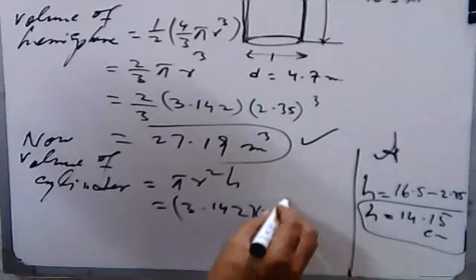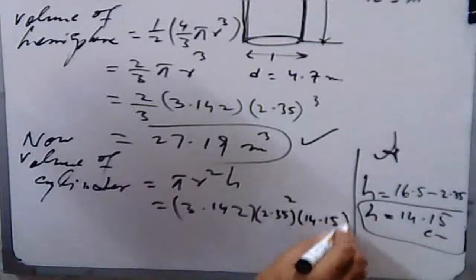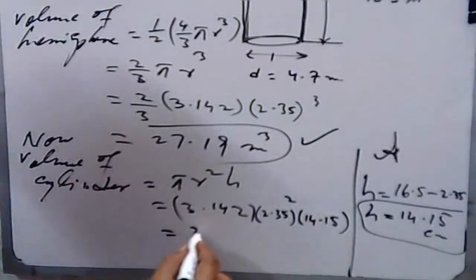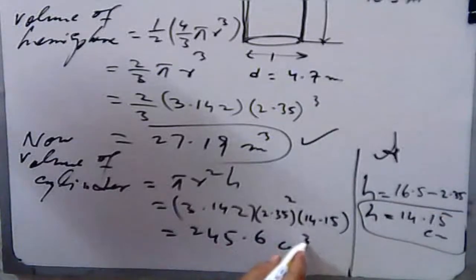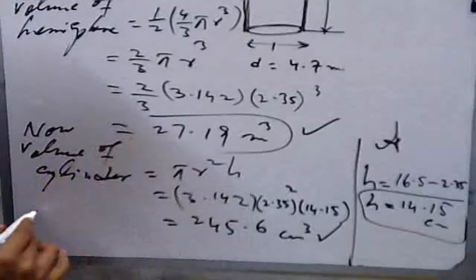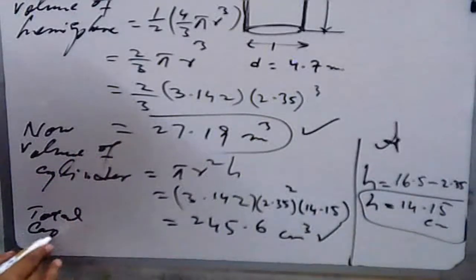The total capacity means total volume, so you just add these two quantities. After adding you get 272.8 meter cube. That is your capacity, your volume, your required result.